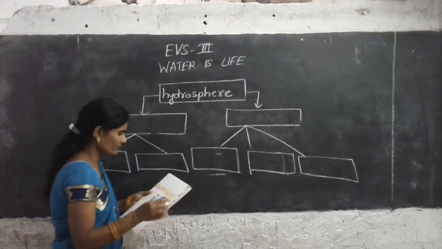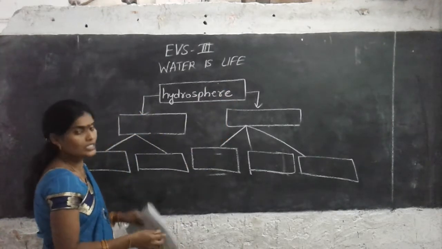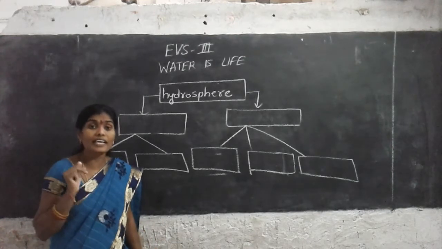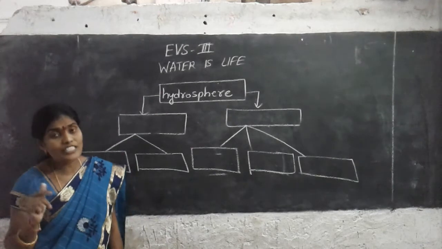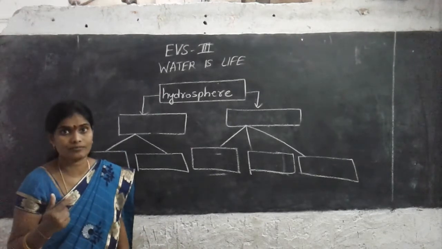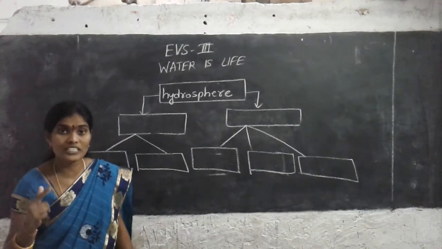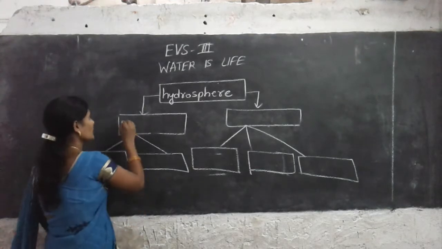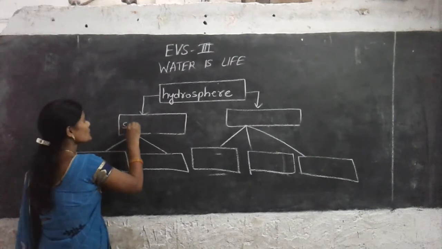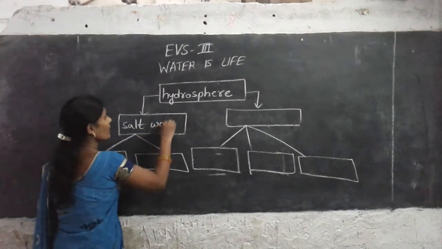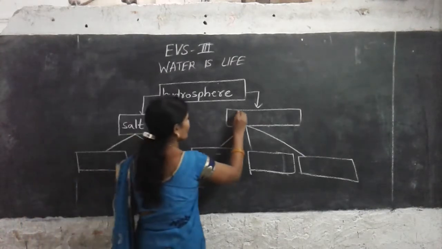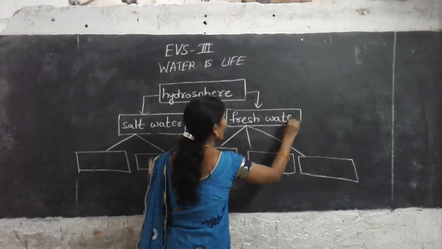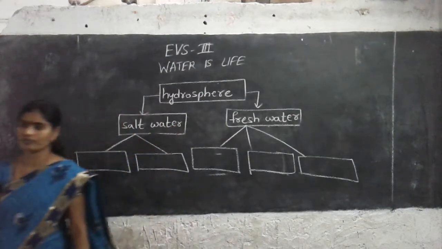The water on the earth is divided into two kinds. One is salt water, another one is fresh water.